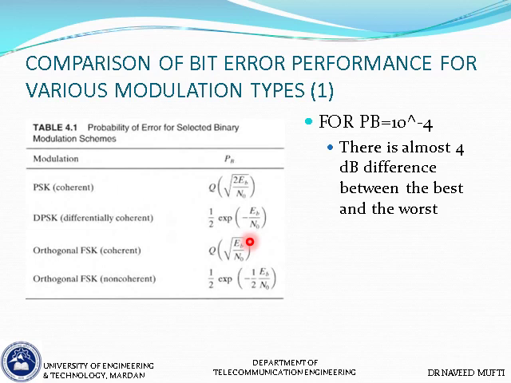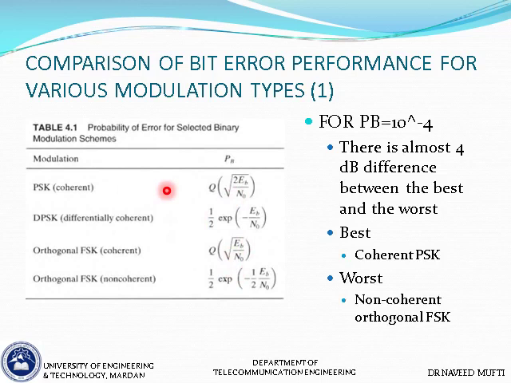If you look at these expressions, you can conclude that the best one is coherent PSK, this one, and the worst one is non-coherent orthogonal FSK, this one. So there is a difference of almost 4 dB in these two schemes.